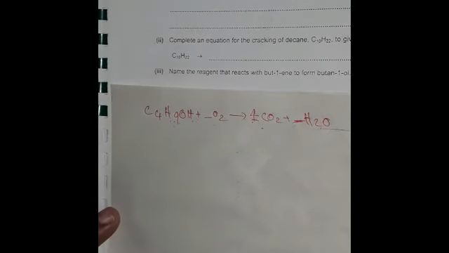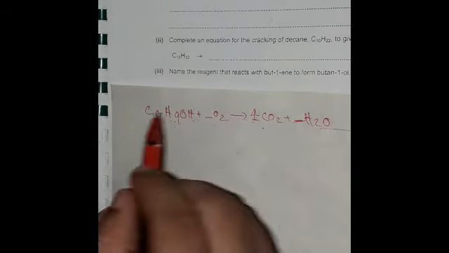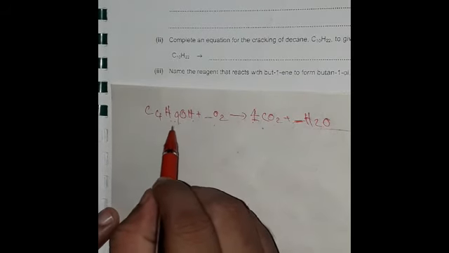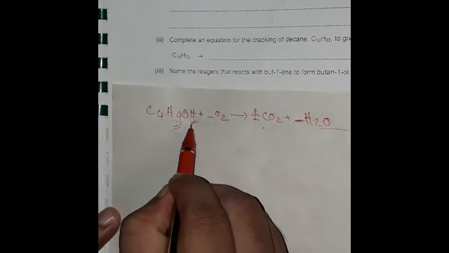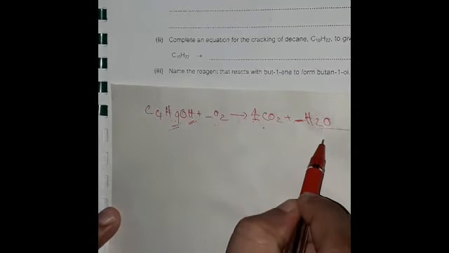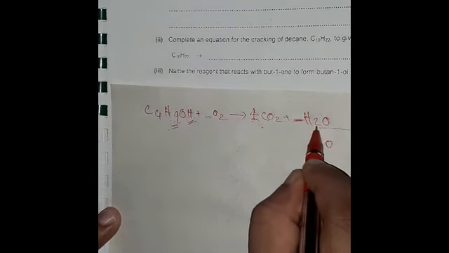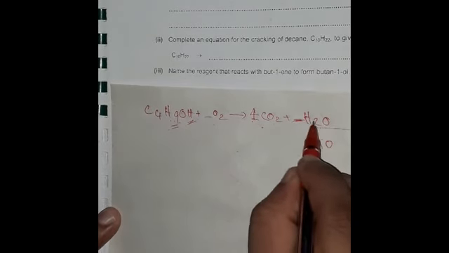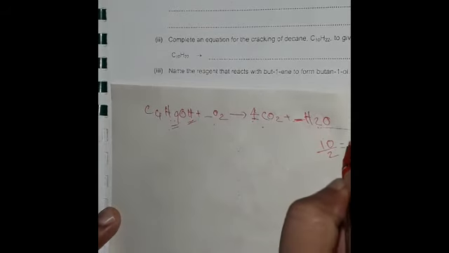Next one, we have to balance number of water molecules. Okay, so look here how many hydrogen here. Here 9 hydrogen, here 1 hydrogen. So total 10 hydrogen. So we need here also 10 hydrogen. Already here 2. Okay, because of this 2 we had to divide 10 by 2. It is 5.